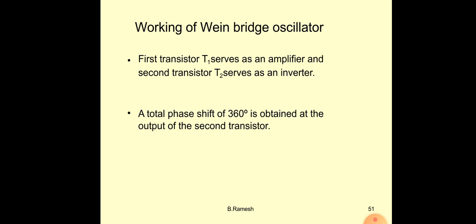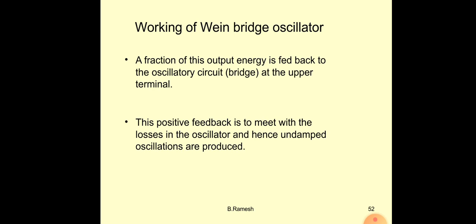The total phase shift of 360 degrees is obtained at the output of the second transistor, because the first transistor produces 180 degrees phase shift and the second one 180 degrees, total 360 degrees. A fraction of this output energy is fed back to the oscillatory circuit, which is the bridge circuit, at the upper terminal. This positive feedback is to meet the losses in the oscillator, and hence undamped oscillations are produced.